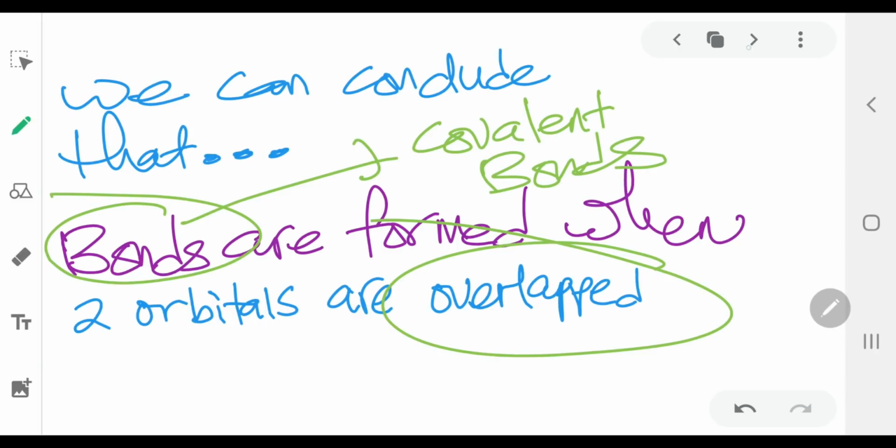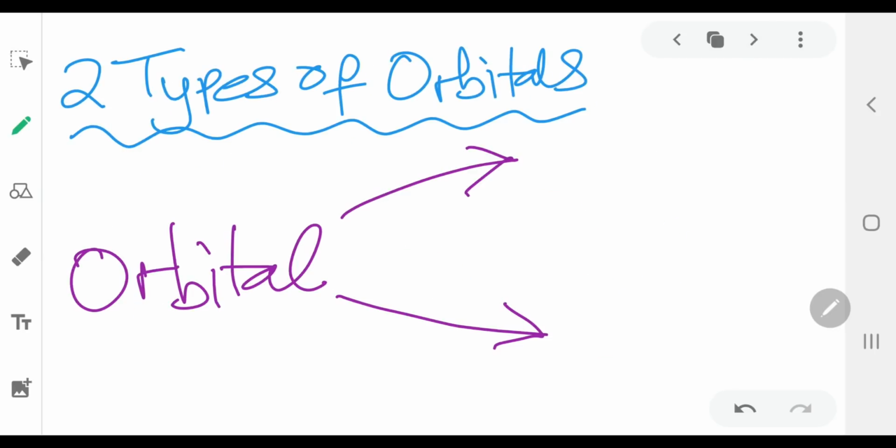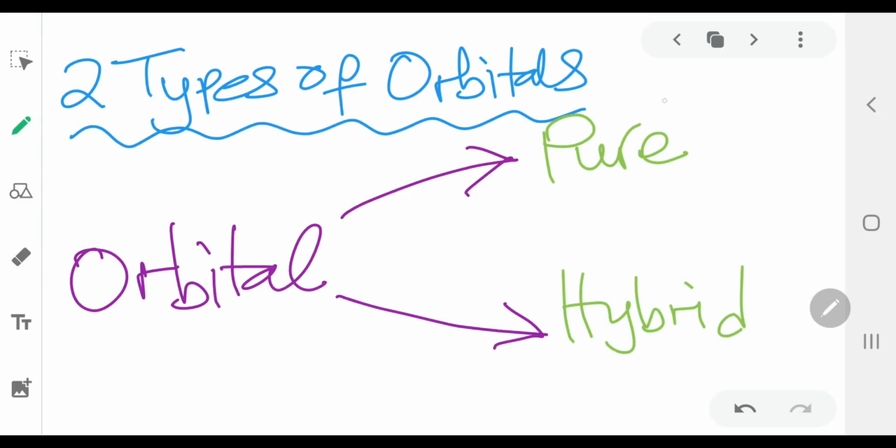But before we look at how to draw the overlapping of orbitals, it is very important for you to know the two types of orbitals involved in orbital overlapping. The first type is what we call the pure orbitals. And then the most important type that we're going to look at in this video and the other related videos are the hybrid orbitals.